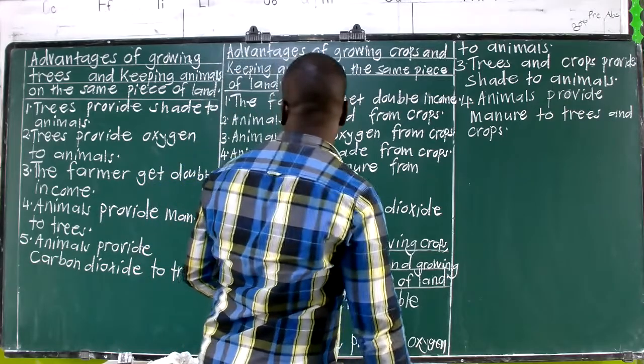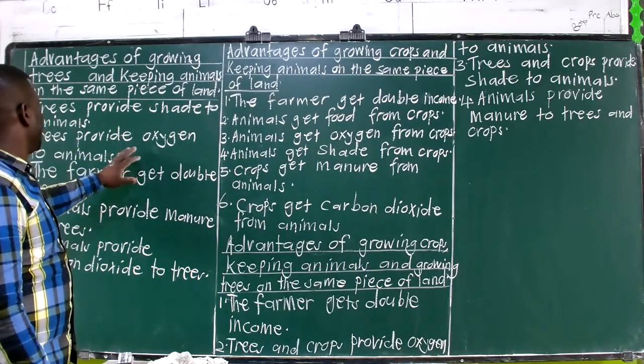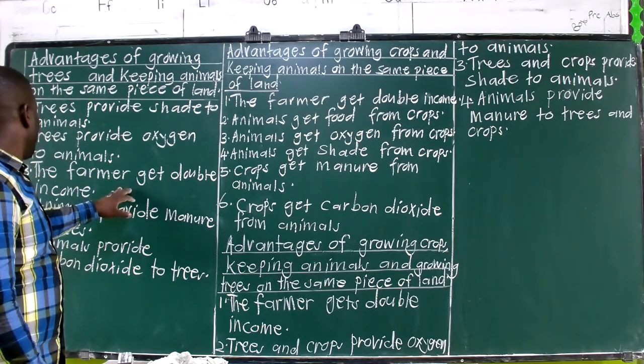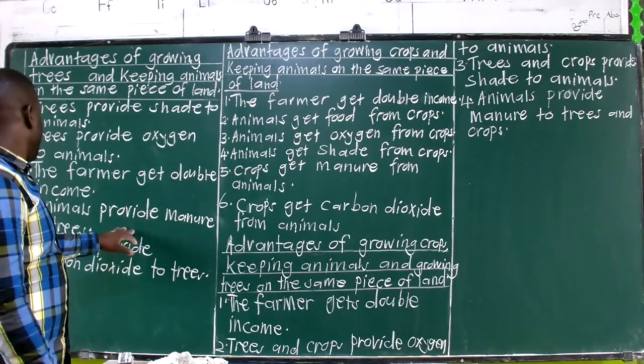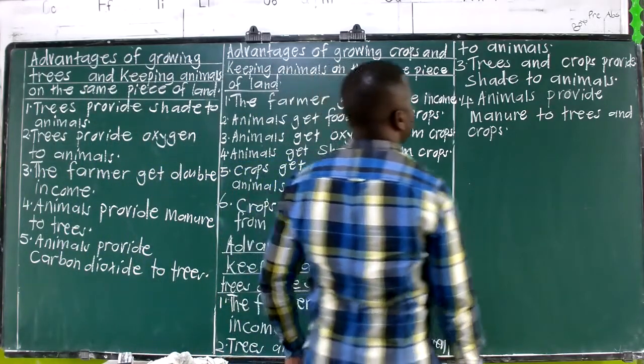So those are some of the advantages. We talked about shade, oxygen, double income, manure, then maybe carbon dioxide.